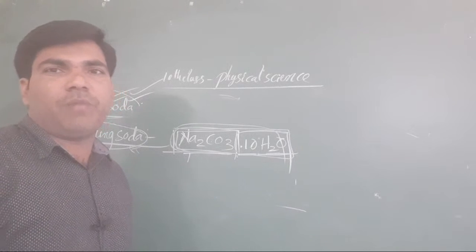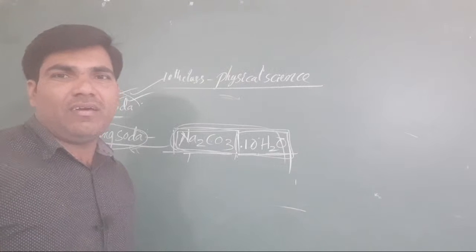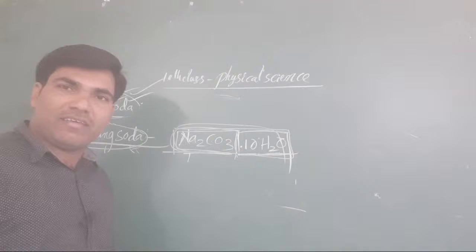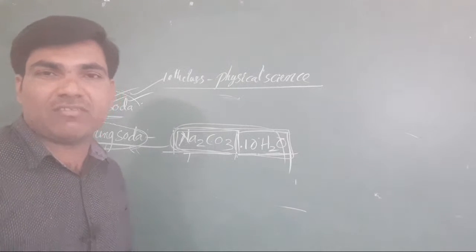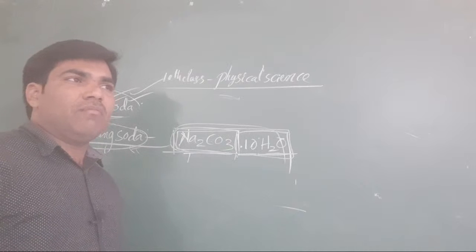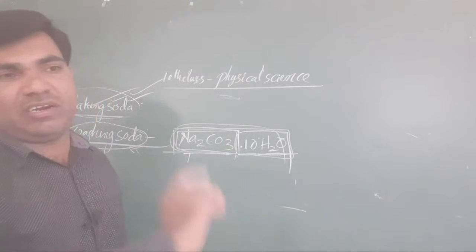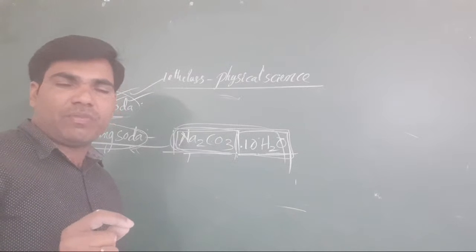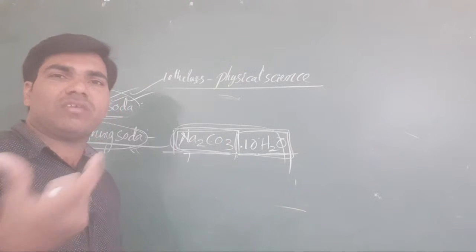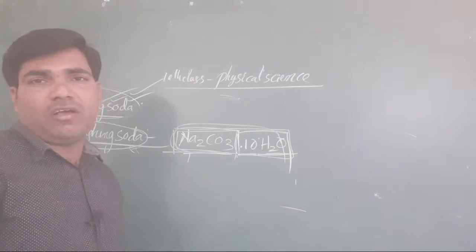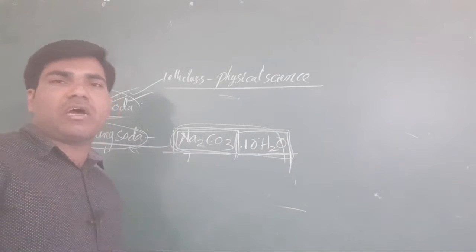Baking powder is a base. Clear or not, all the students? Baking powder is a basic substance only, it is not an acid. Because of the carbon dioxide it looks somewhat acidic, but most of it is calcium phosphate and sodium hydrogen carbonate.